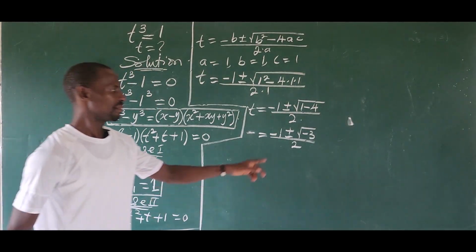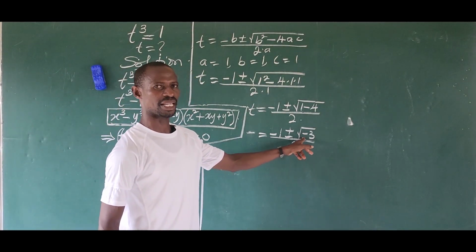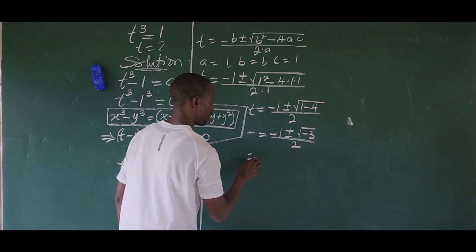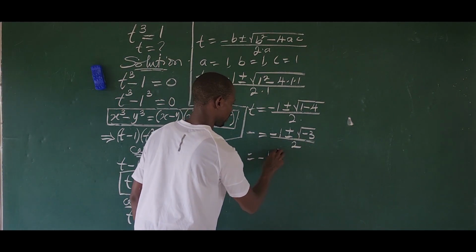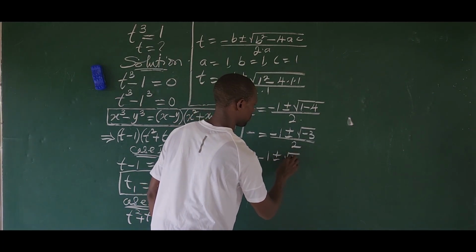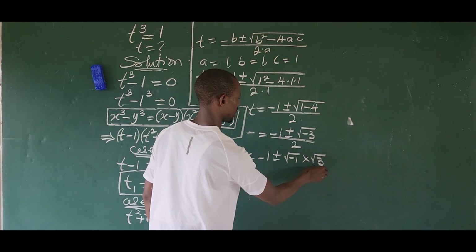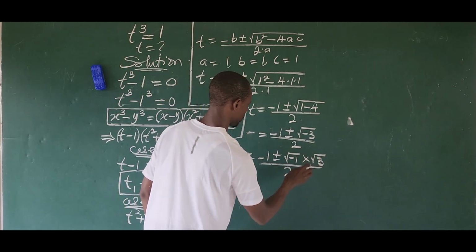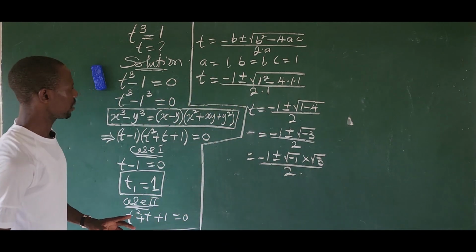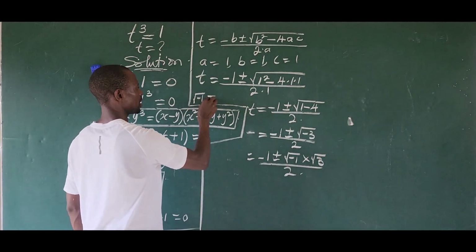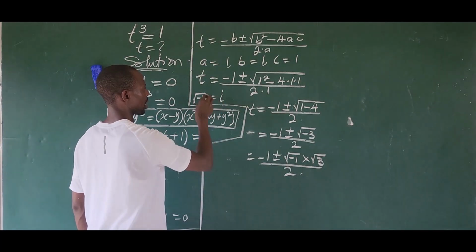But before then, look at the square root of minus 3 here. We can rewrite this as minus 1 plus or minus the square root of minus 1 times the square root of positive 3, everything all over 2. We just have to recall that the square root of minus 1 is equal to iota.